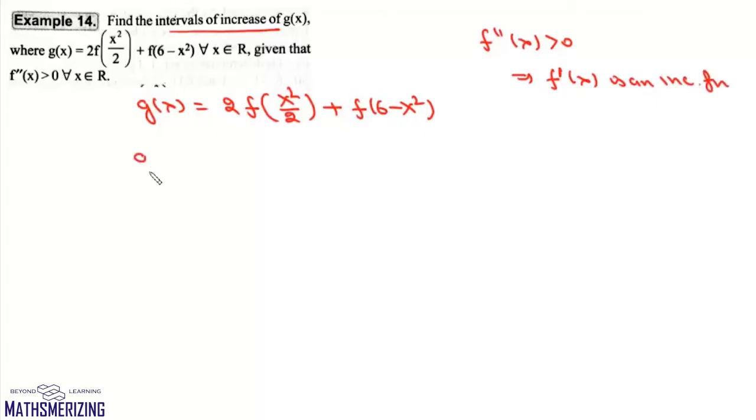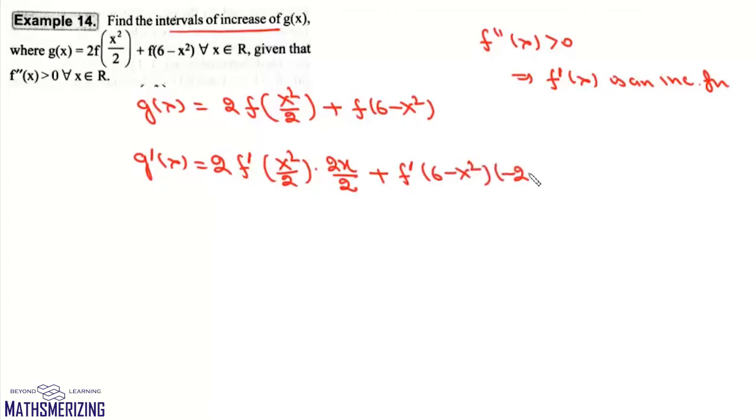Now we differentiate this function, we can write g dash x as 2f dash(x square by 2) into 2x by 2 plus f dash(6 minus x square) into minus 2x. Now this 2 and 2 will cancel.